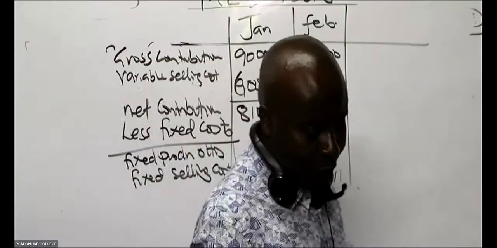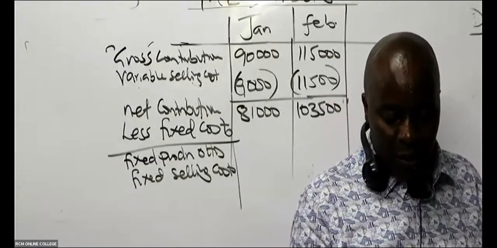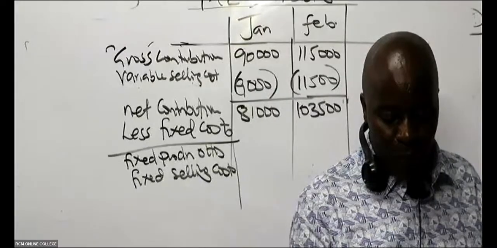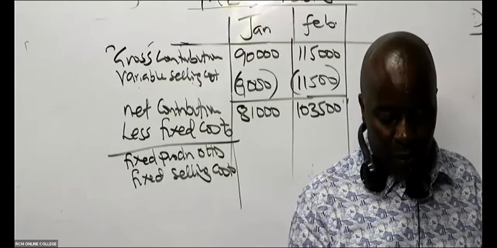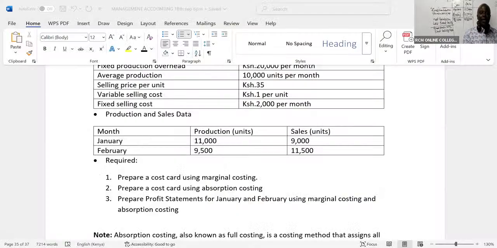Anybody who is able to see the fixed production overheads? Remember in marginal costing, the fixed production overheads will either be actual or expected, isn't it? Like in this case, we expected fixed production overhead to be 20,000.